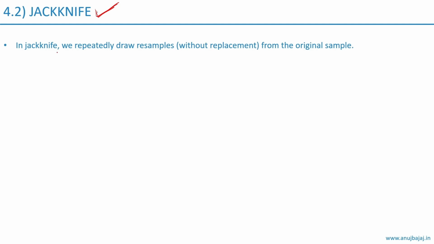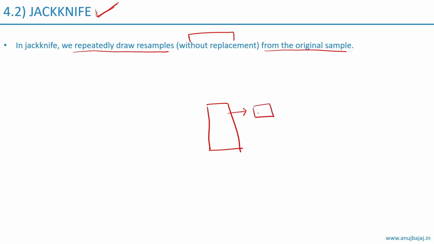In the jackknife resampling method, we repeatedly draw the resamples from the original sample without any replacement. Suppose this is the population, and from this population we draw a sample. This is the original sample, and suppose the sample has a size of 5 observations.